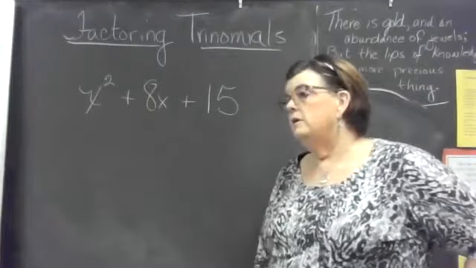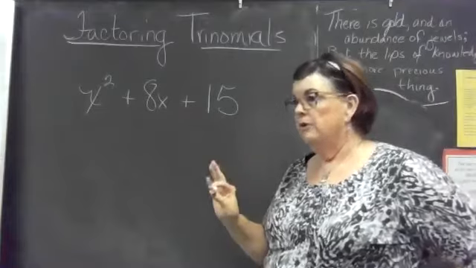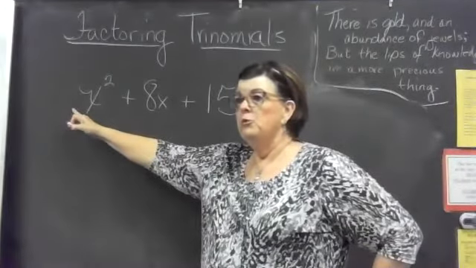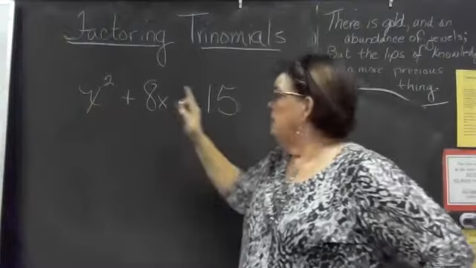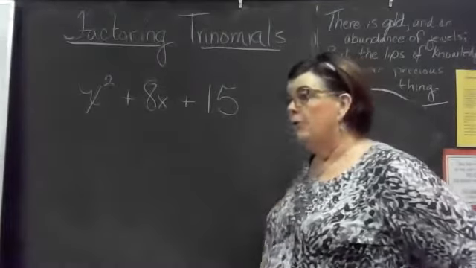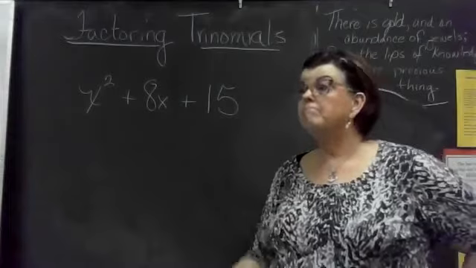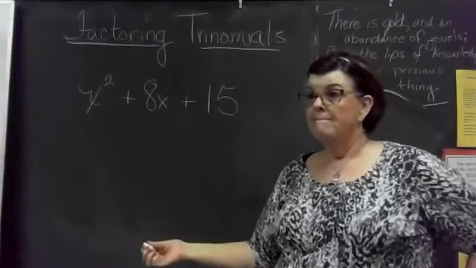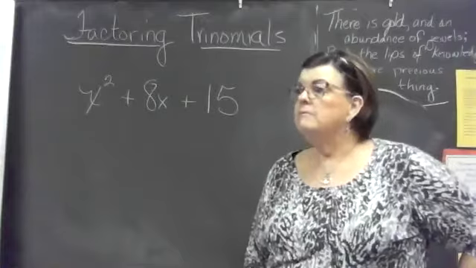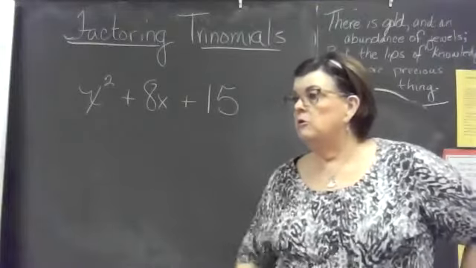The shortcut here, guys: if there is not a coefficient here except our invisible 1, and if there is not a variable at the end, there probably is not a greatest common factor. So when we look at this, we say, no, there's not a greatest common factor. And so we go to step number 2.